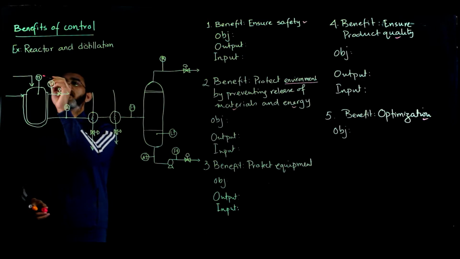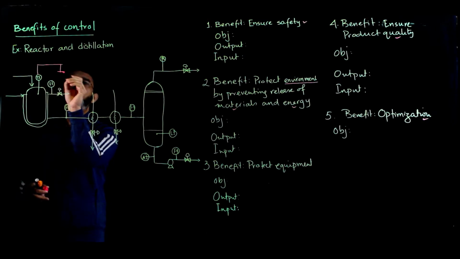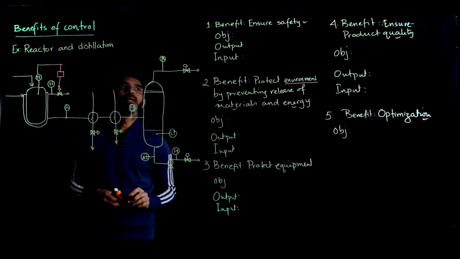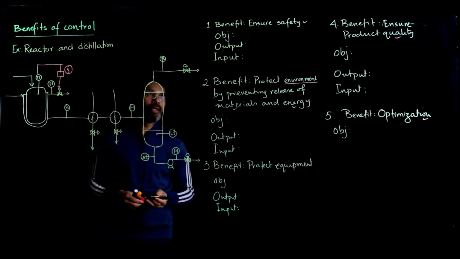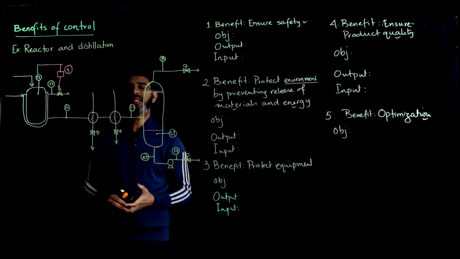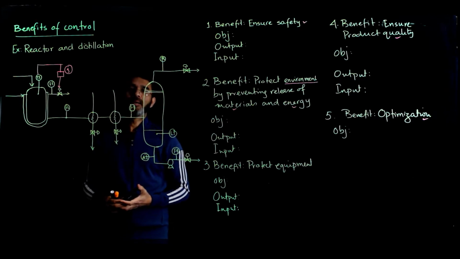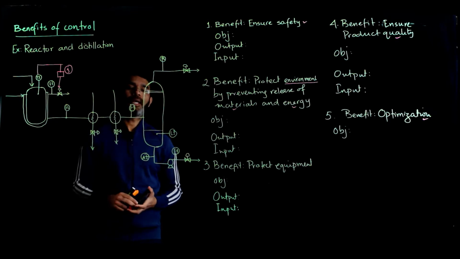So you want to measure the temperature and manipulate the coolant flow. So that's our first controller, to ensure safe operation of the process, because you need to maintain the temperature when the reaction is exothermic, and maintaining reactor temperature is one of the widely used control problems.